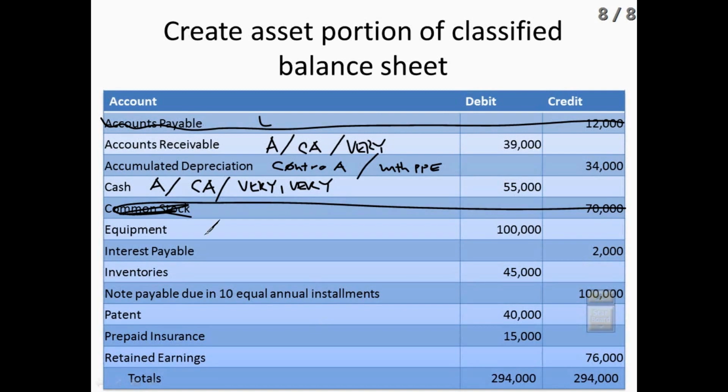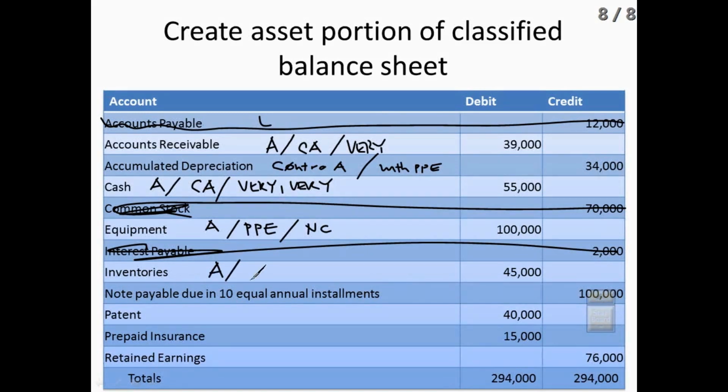Equipment. What kind of asset? PP&E. Where does that go? Current, non-current? Non-current. Interest payable. All right. Inventory. What kind? Current, non-current?